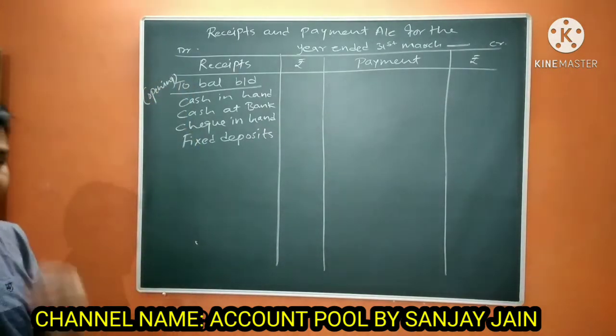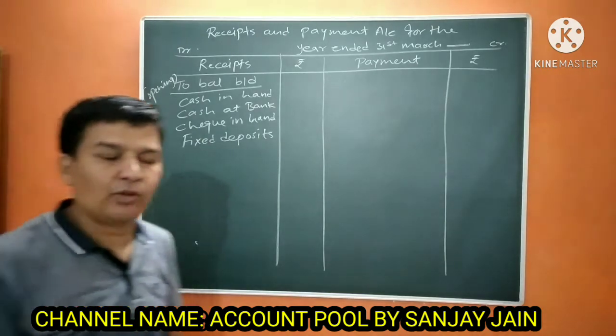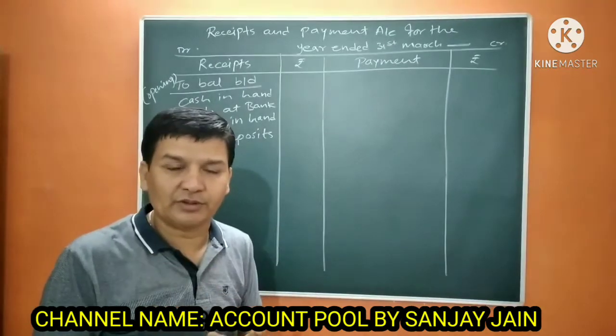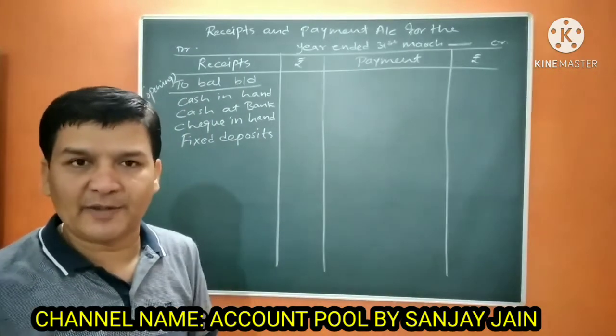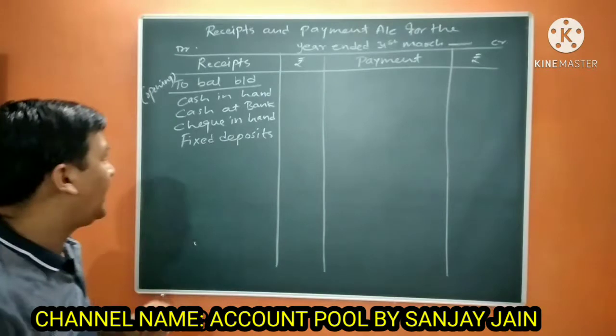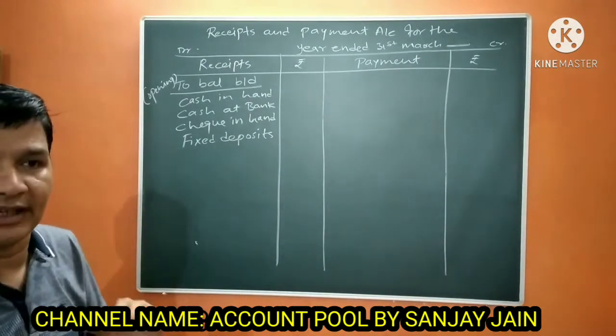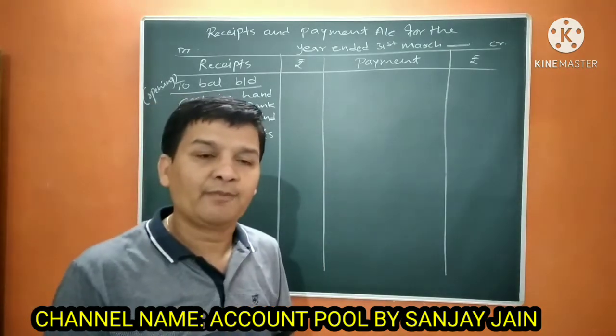As it is your opening balance, you know that we are going to prepare from receipt and payment. In the 6-mark question, we are going to prepare income and expenditure and the balance sheet. And the balance sheet is of the previous year and current year, that is opening balance sheet and closing balance sheet.